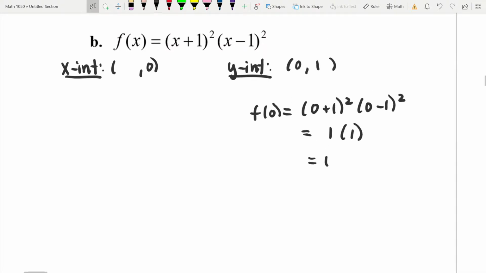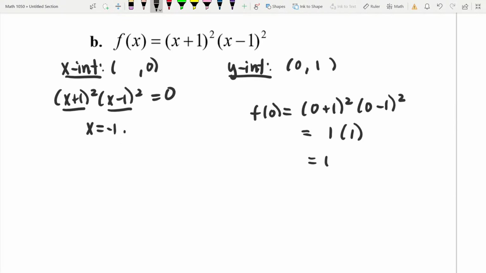Over here, it's easier. I'm just going to go (x plus 1) squared times (x minus 1) squared is equal to 0. They've already factored it for me, so it's so much easier. Set this equal to 0, I get x equals negative 1. Set that equal to 0, I get a positive 1. Now, when you're writing intercepts, don't do plus or minus. You'll know why later.